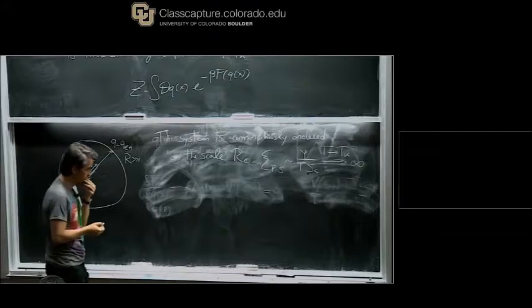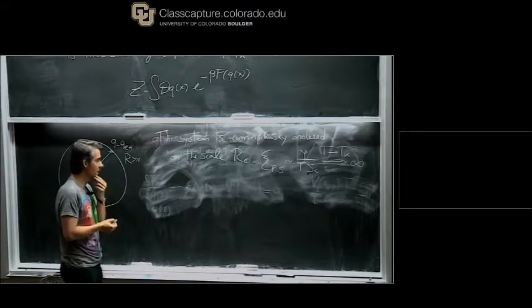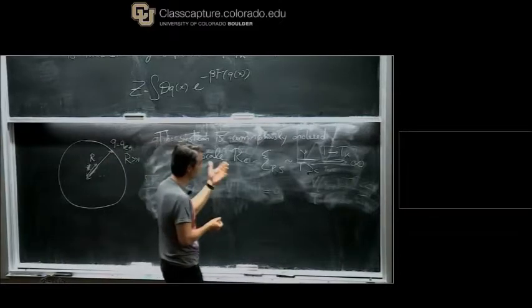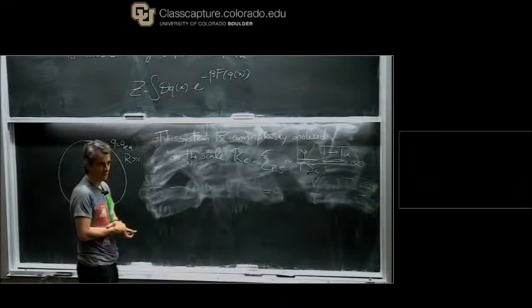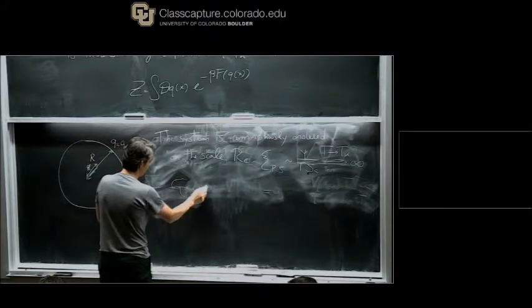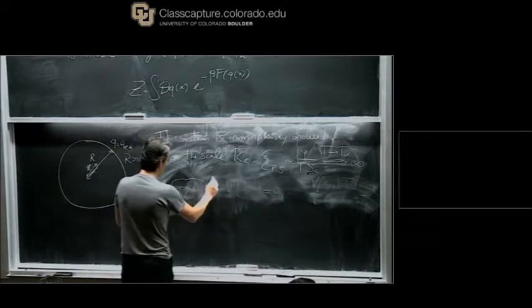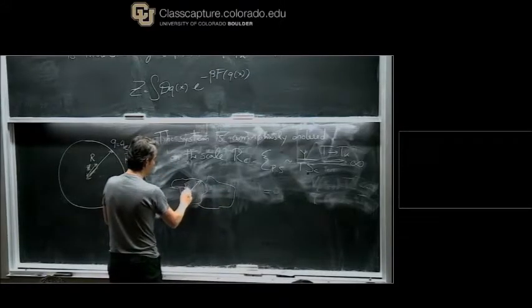So let me again tell you what it means. One picture of this, which is of course a caricature, is that your system is amorphously ordered over this length, psi point to set.